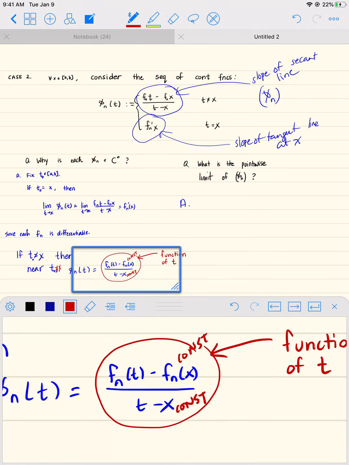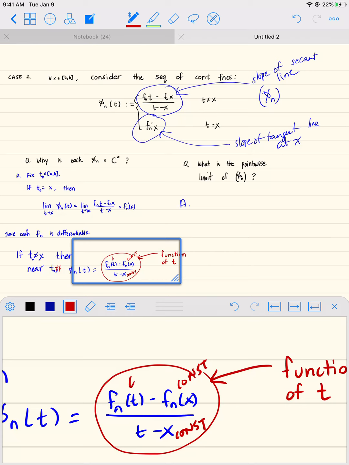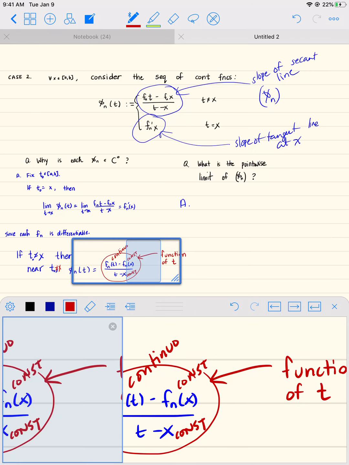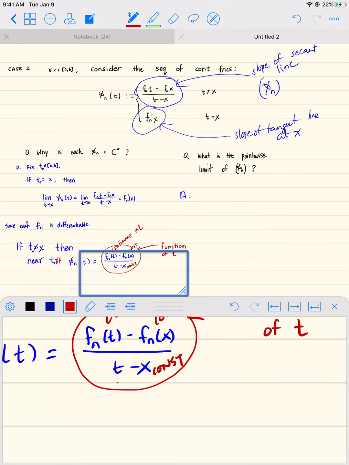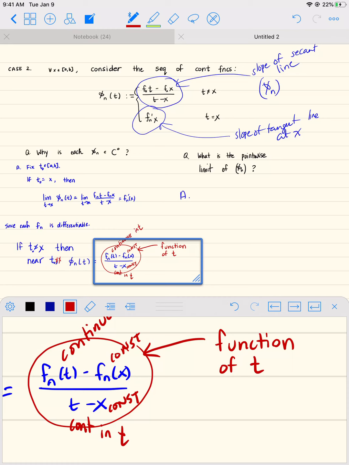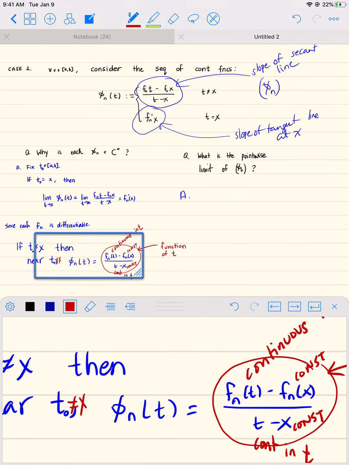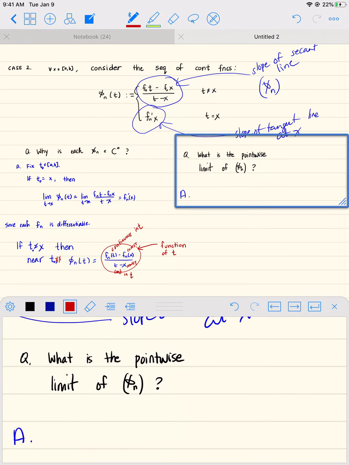Then we get this continuous function in t. So the quotient of continuous functions is again continuous, and we don't have to worry about dividing by 0 because we are in a situation where our t naught is not equal to x. Okay, now let's get back over here.